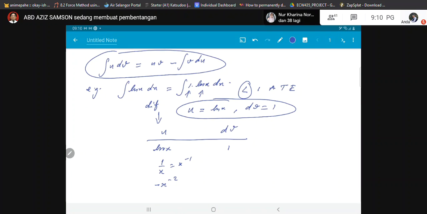But then again, when we integrate this, something is not right. Wait a minute.